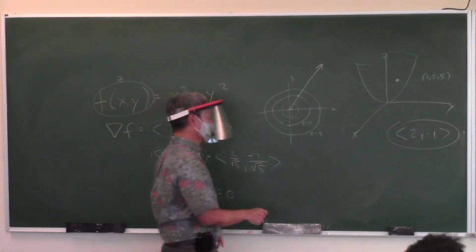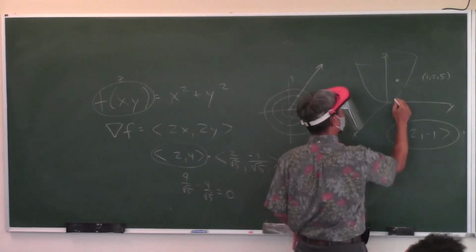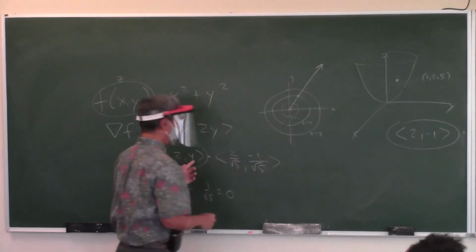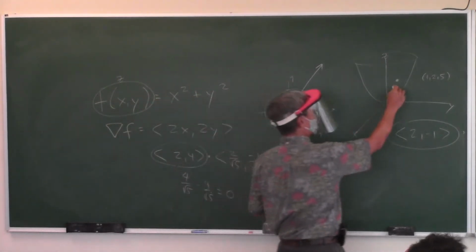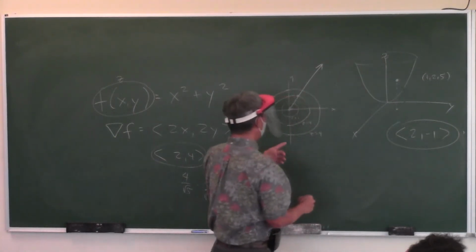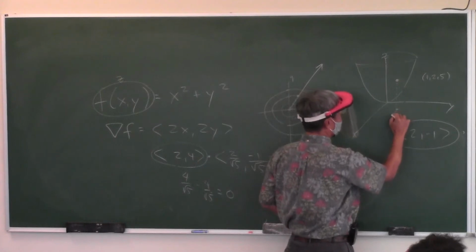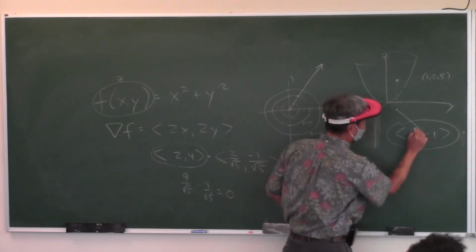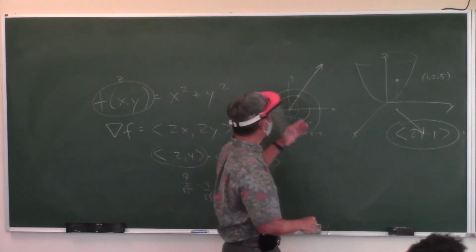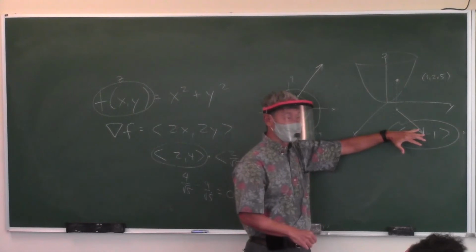Another way is, if you think about it 3-dimensionally, here's the point right here. What is the path of steepest descent? 2, 4. In other words, if you drop this point down onto the xy plane and then draw this vector 2, 4, isn't it going to look like this? It's the same vector except you keep it in the xy plane.